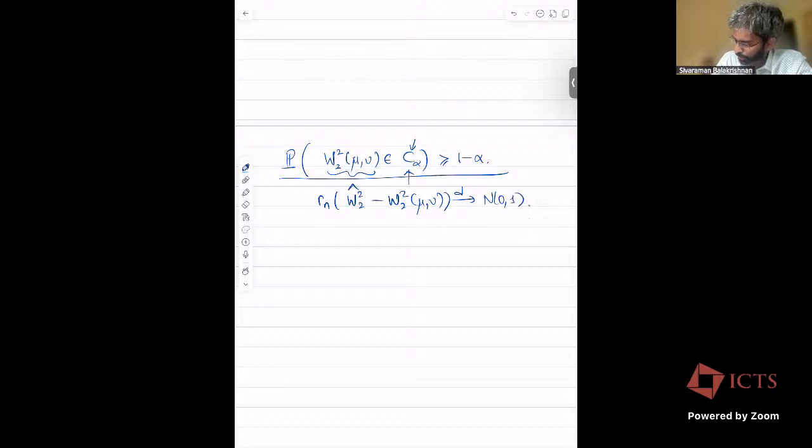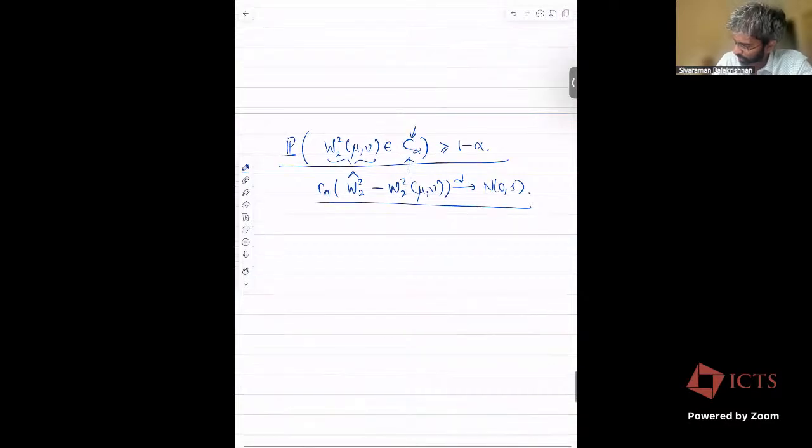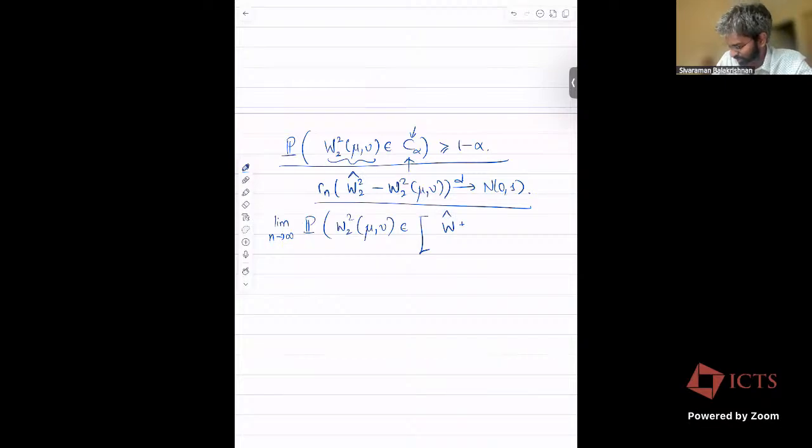And from this limiting distribution statement, I can construct something so that the asymptotic coverage is correct, that the truth is in the set W hat plus or minus something divided by Rn with probability at least 1 minus alpha.